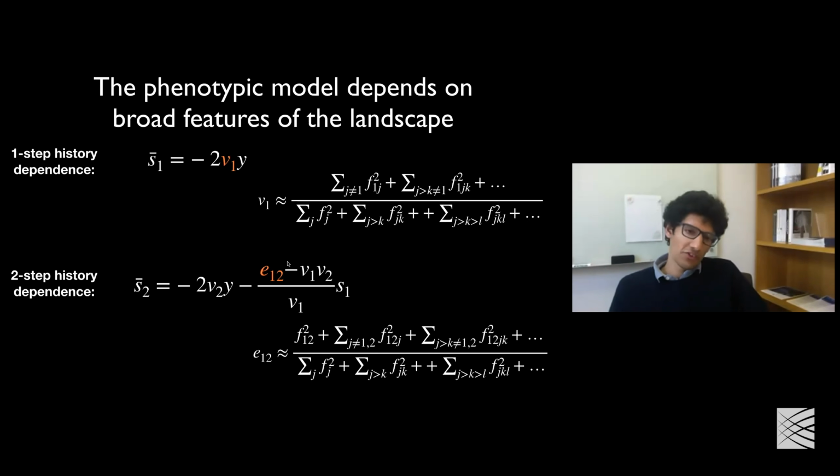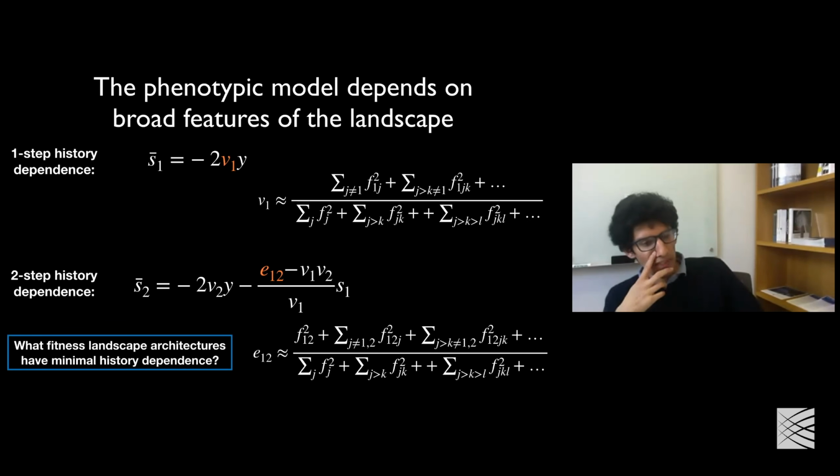Now, these coefficients will depend on the specific landscape. And the question that we would like to ask subsequently is, are there certain specific fitness landscape architectures that minimize the dependence that you have on your history, right? This is kind of what we are seeing in the Lenski experiments and from the evolution experiments that people have observed.